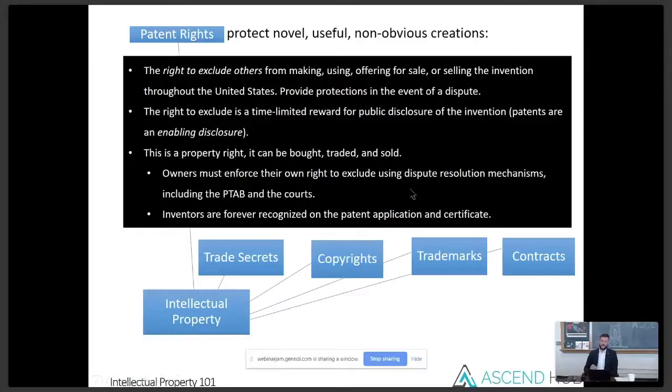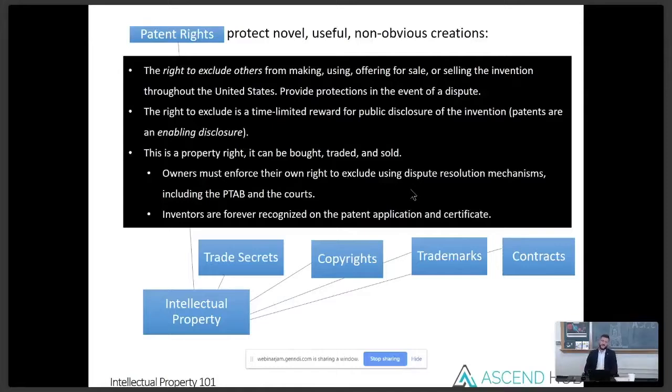So the first line of dispute on any issued patent application or issued registered patent is the PTAB. And the PTAB is the Patent Trial and Appeal Board, which is part of the United States Patent and Trademark Office. It is not part of the US court system. The decisions of the PTAB are appealed then to the US court system.